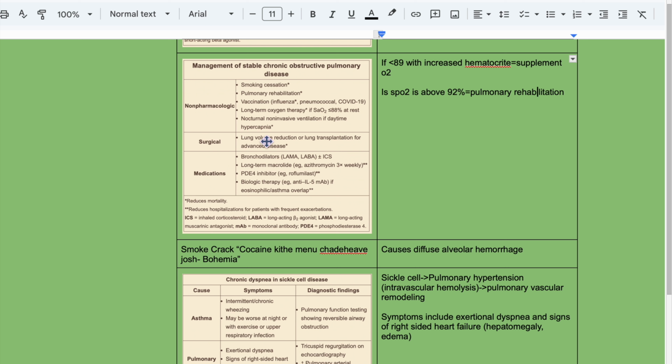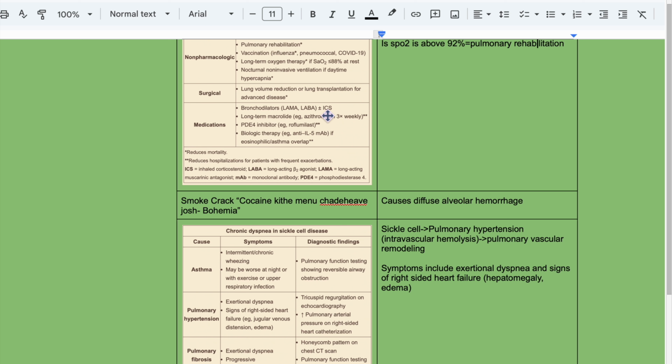Okay, and surgical: lung volume reduction or lung transplantation for advanced disease. Medication: bronchodilators, LAMA-LABA with or without ICS, long-term macrolides, azithromycin 3 times weekly, PDE4 inhibitors, for example roflumilast, reduces hospitalization for patients with frequent exacerbations.